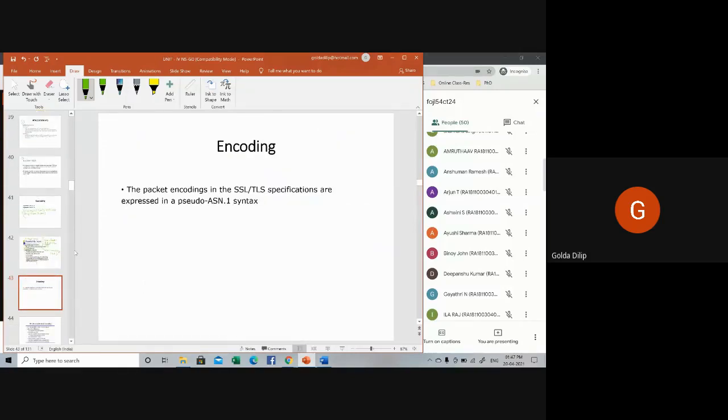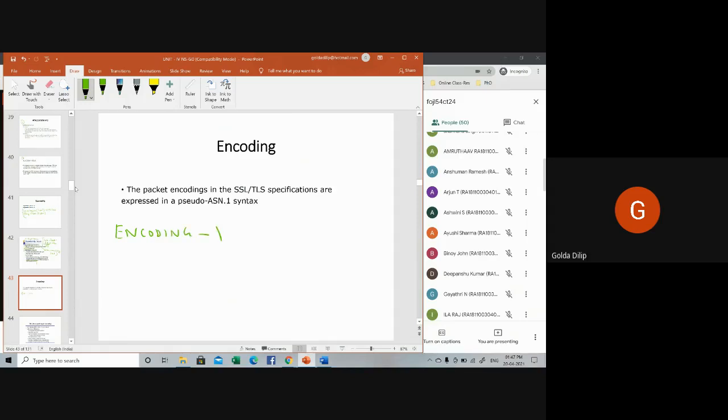Next is all about encoding. When I say encoding, you should understand there are three terminologies which come up. We keep using all these terminologies intermittently. One is called encoding, as I have mentioned here in the PPT.